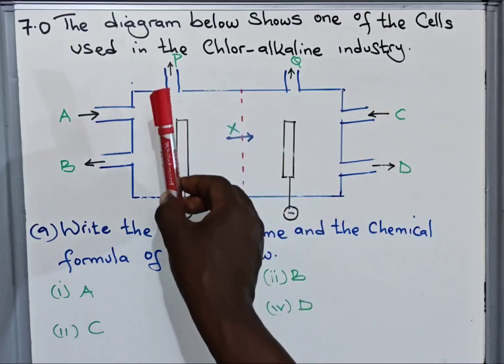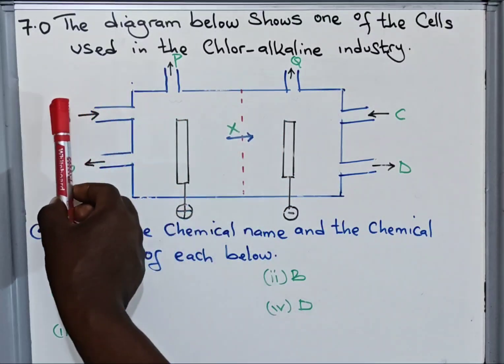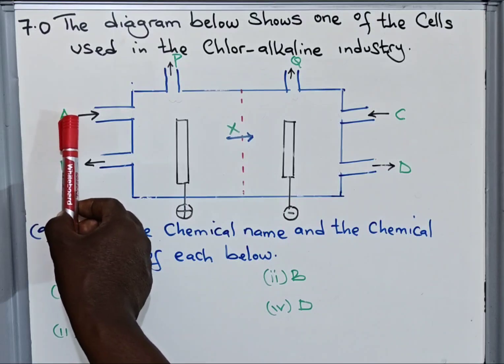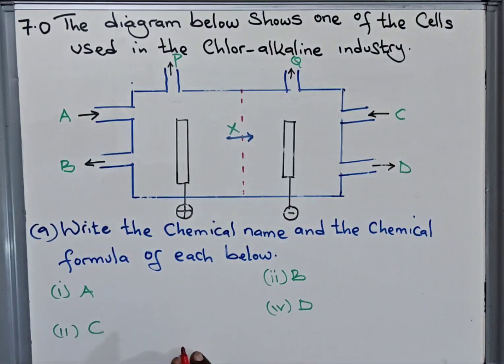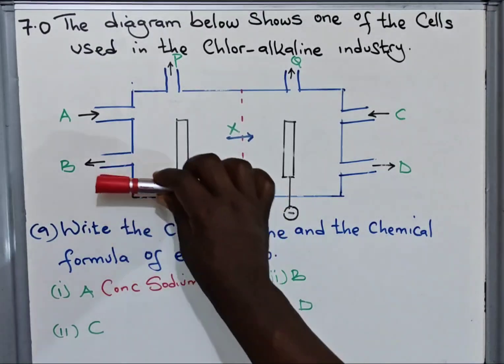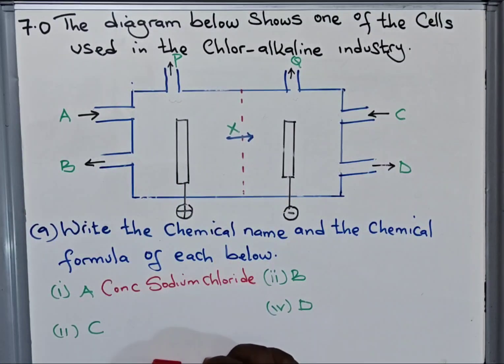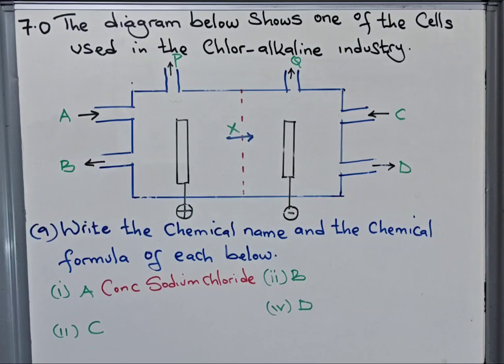So in the chlor-alkaline setting of the cell, what enters on the anode side is concentrated sodium chloride. Then we come to B. What comes out on this anode side is spent sodium chloride.